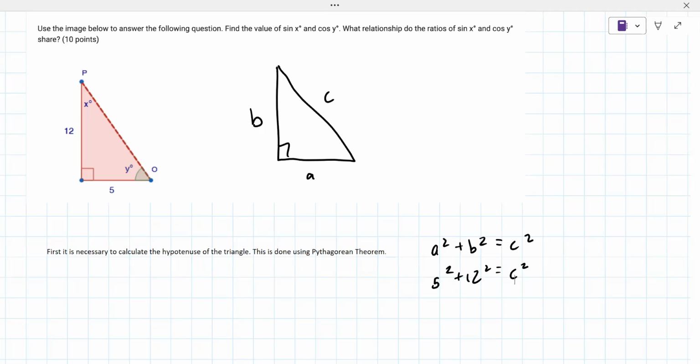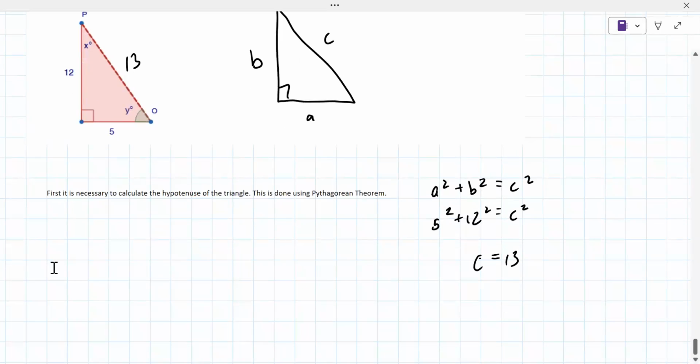It's 13. So use 13, good. Okay, so that's really important. So then the next thing you do is explain how to find sine and cosine. So you say, to determine the sine of x, the opposite side and hypotenuse are used in a ratio.